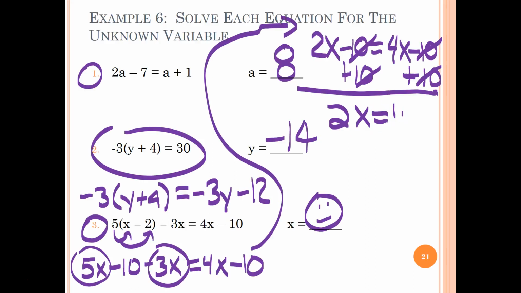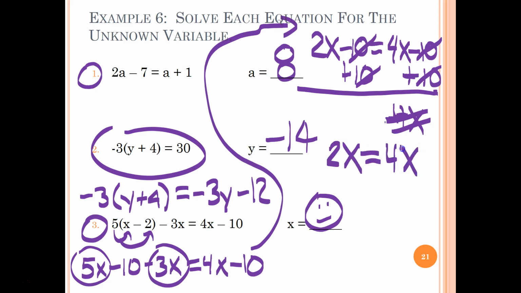Now, I often see people at this stage say, oh, there's no solution. But that's not actually the case here. Let me clean this up for you. So what we have here is 2x equals 4x.